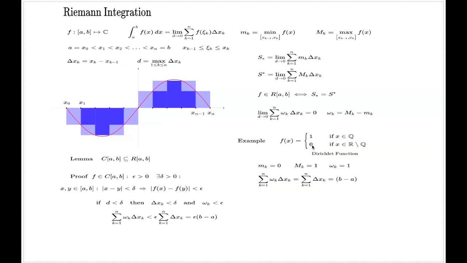An interesting point is that the example of the Dirichlet function gives you an understanding of why Riemann integration is so inconvenient to deal with.